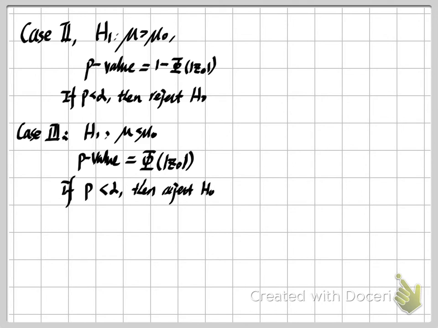Similarly, if our p-value is smaller than the given significance level, or say the critical level alpha, then we reject our null hypothesis H0. Otherwise, we fail to reject, or we accept H0. Okay, so this is how to do the z-test, or say the test of the population mean when the population is a normal random variable and the variance is given.